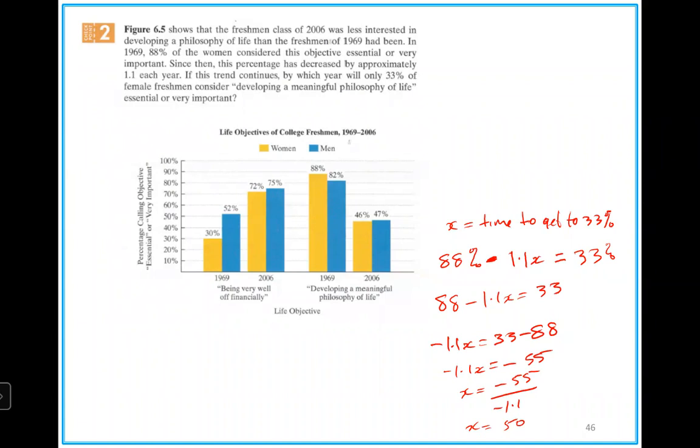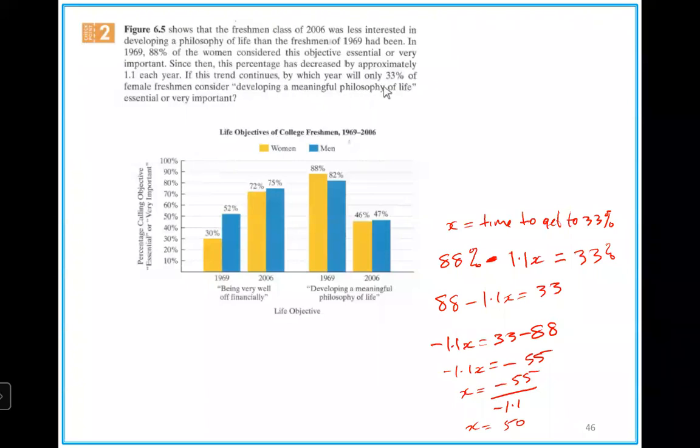If we are starting at 1969, when will 50 years be from 1969? That's 2019. Of course, I was just focusing on the mechanics of the algebra, but when you get a question like this, you're going to finish off by writing a sentence to say if this trend continues, what year.